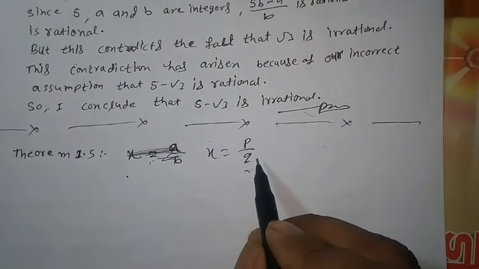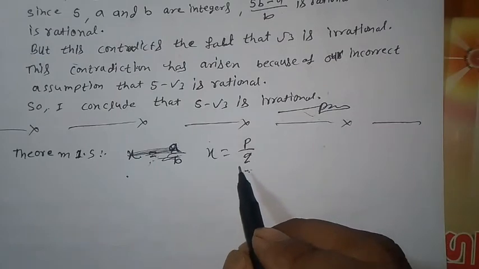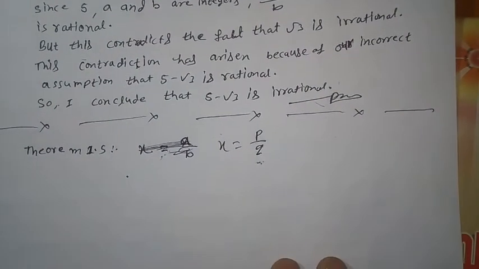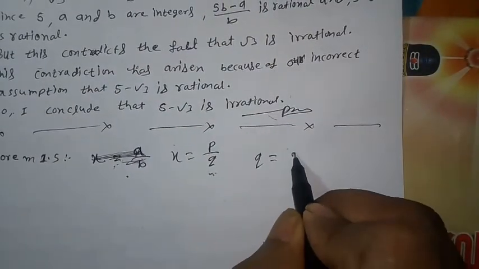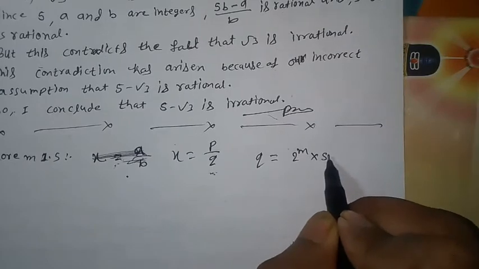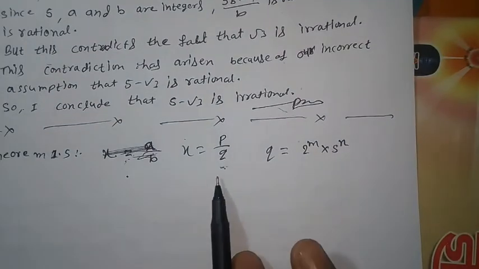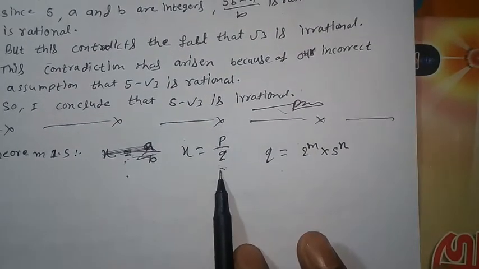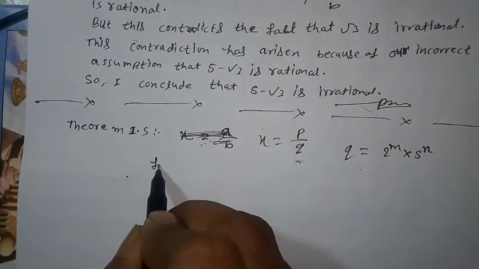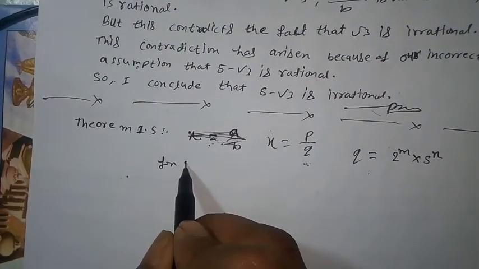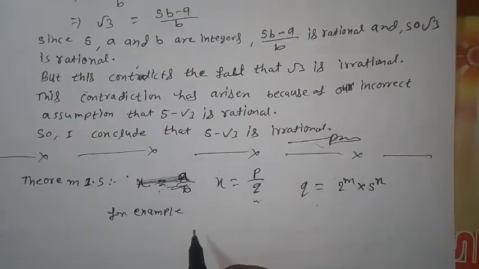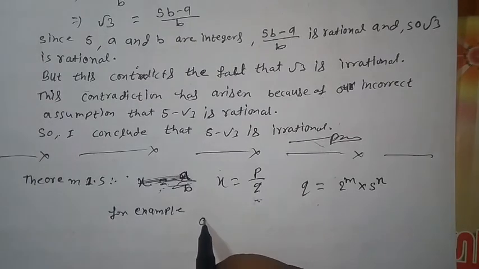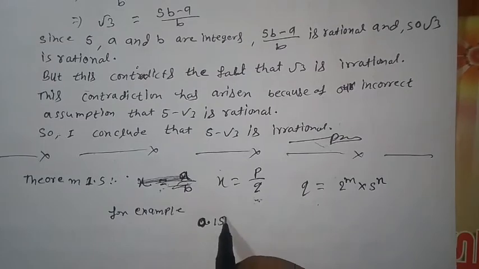It means that, suppose q is of the form 2 to the power m into 5 to the power n, the prime factorization of q. For example, according to the theorem, suppose a number given to you is 0.15.